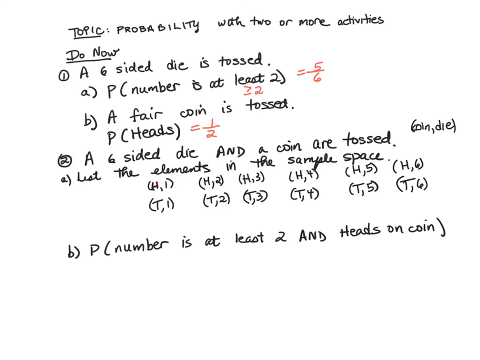So the probability that the number is at least 2 and heads. Okay, notice this word and. So we want a number 2 or more and a heads on the coin. Well, if we circle those, we have these.